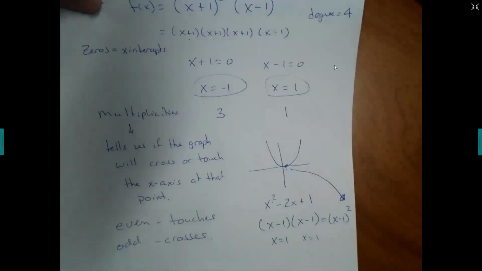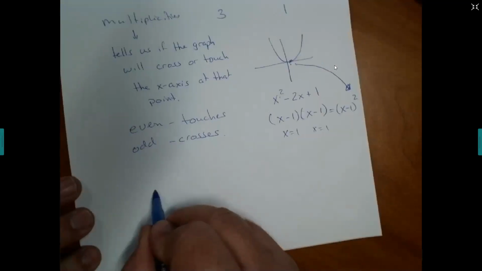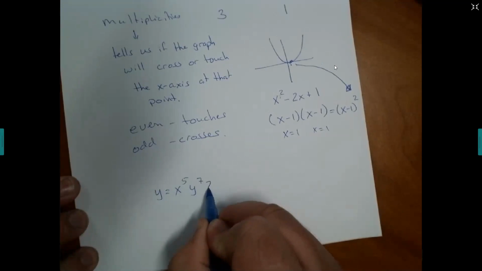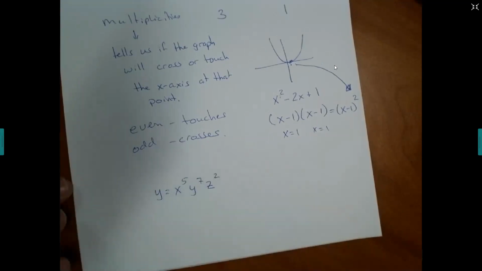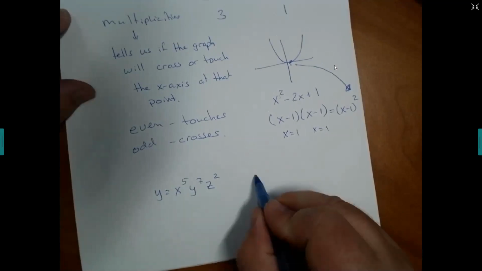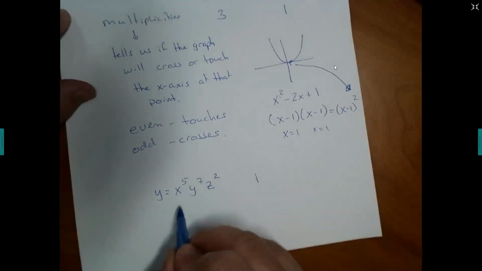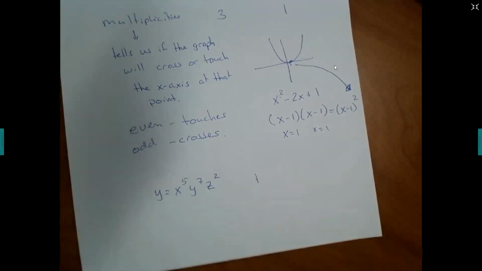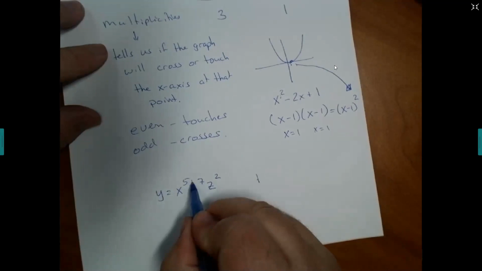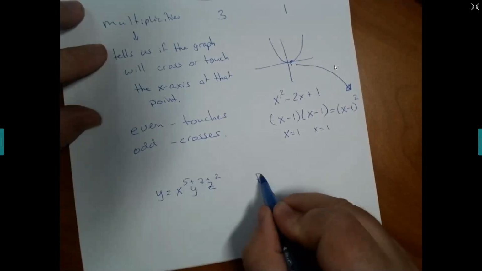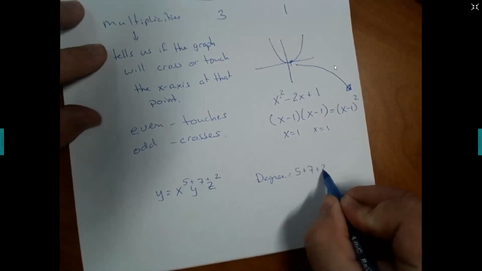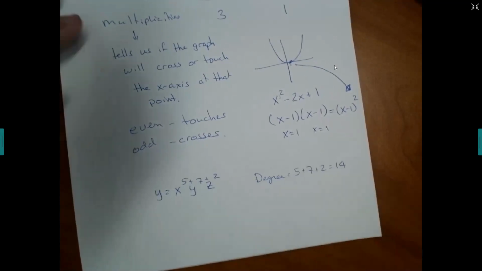So if I gave you a function like this, what's the degree? 5 plus 7 plus 2 equals 14.